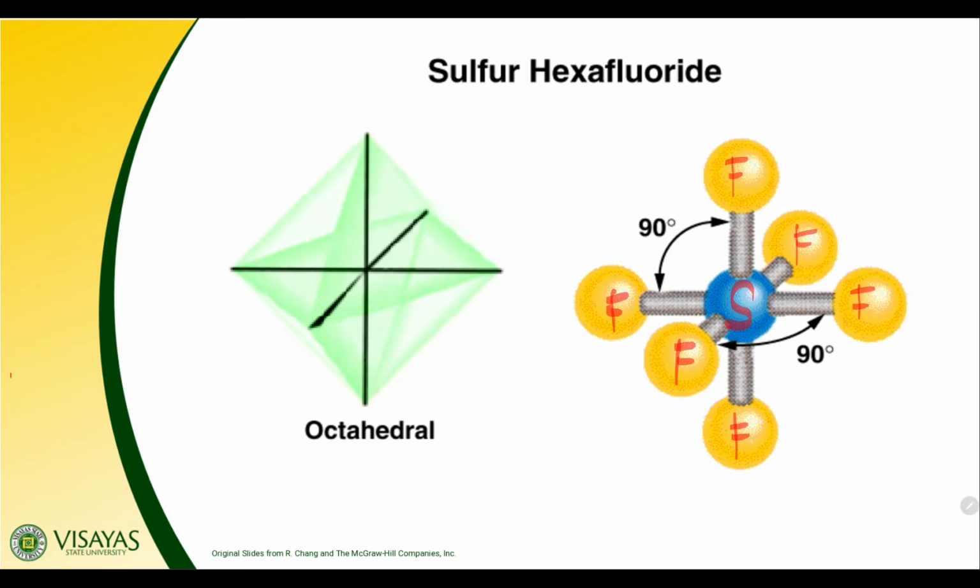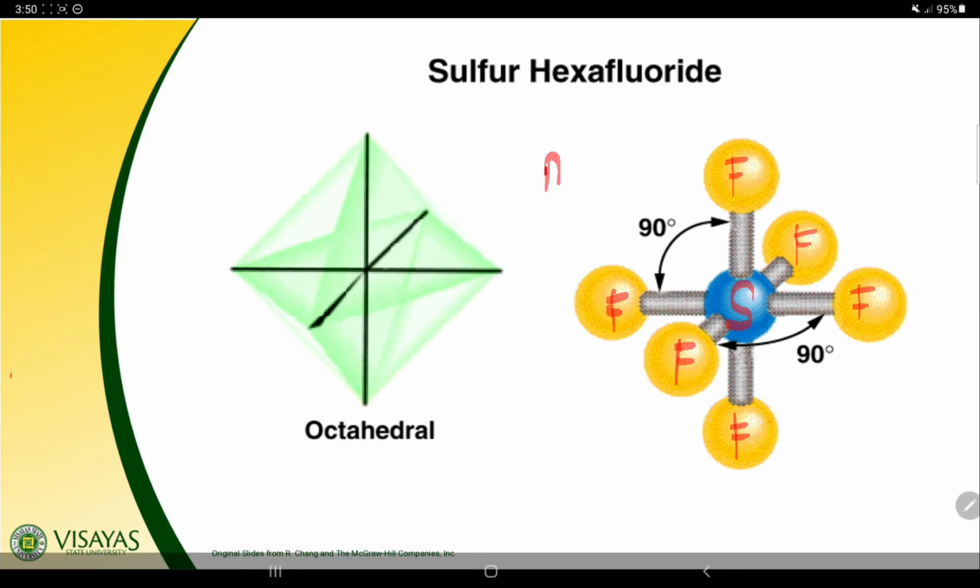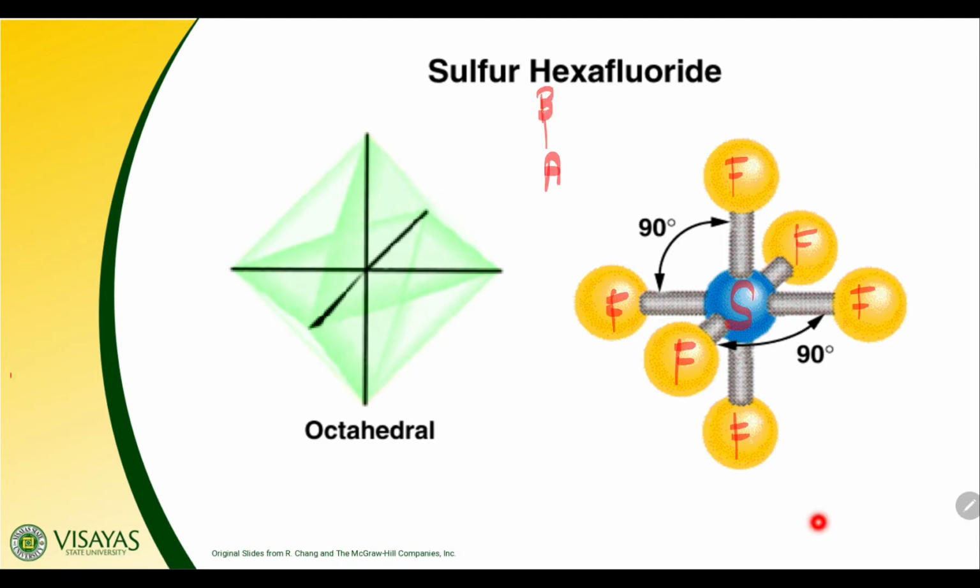Now, how do we draw an octahedral molecule? So we have our central atom, then we have one atom bonded at the top, one at the bottom. Now we have two atoms at the back, so we use two broken lines or dashed lines.